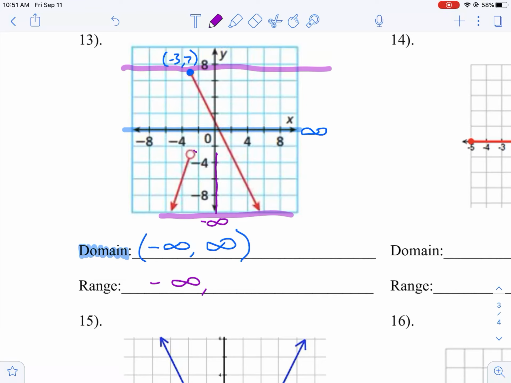And then there's this gap here between these points, but because this is still covered here, the graph jumps up here and then comes back down. So I still have everything covered, but it just tops off at 7. And that would be a bracket. So all of my points are covered.